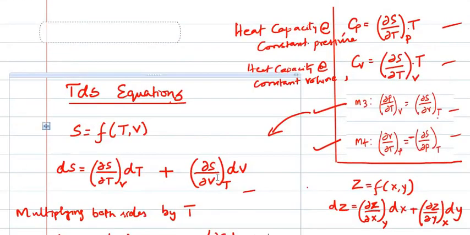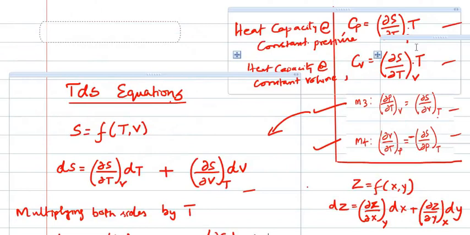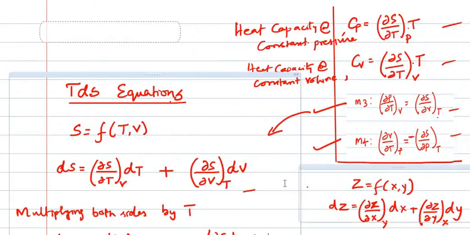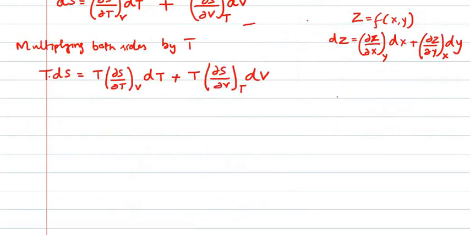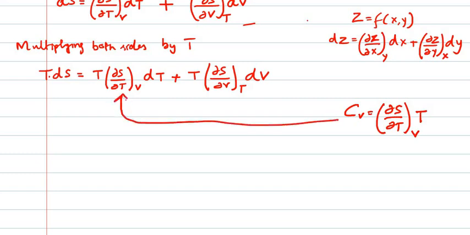Now we go to the heat capacity at constant volume. What is the heat capacity at constant volume? Cv is equal to dou S by dou T at constant volume into temperature. So we will substitute this here.